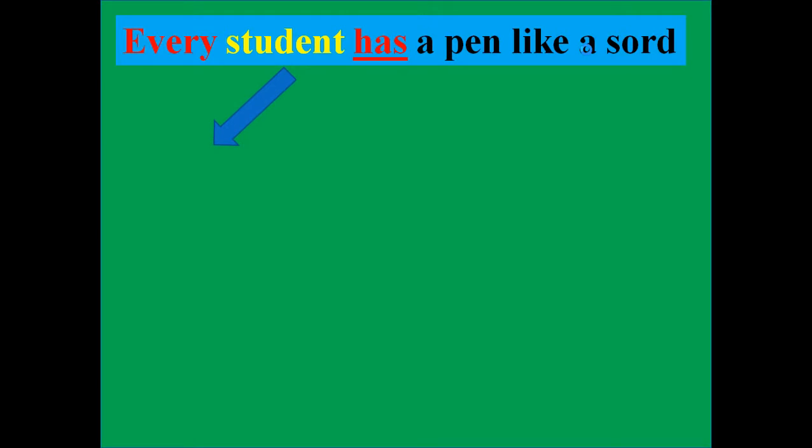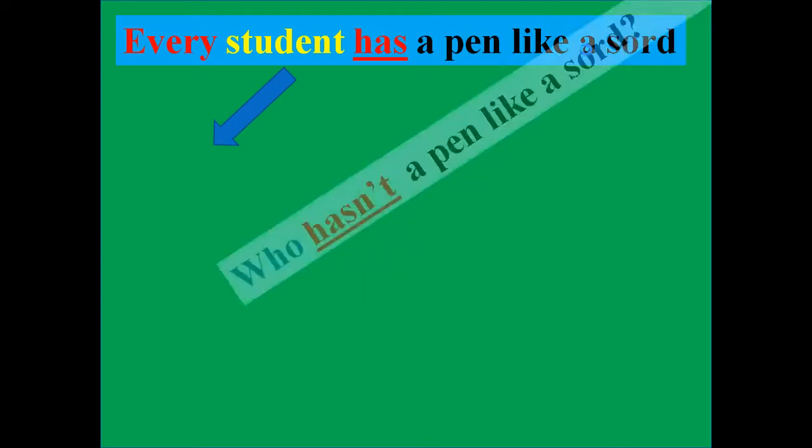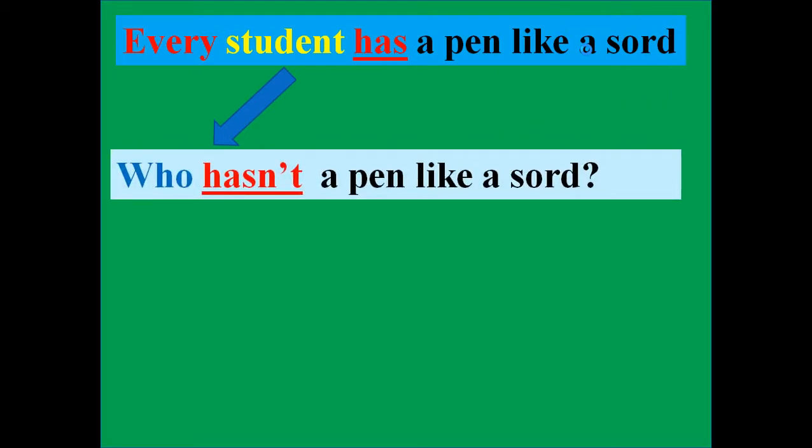So how can we change it? Instead of every plus student we can use who, and has with not. So who hasn't a pen like a sword?